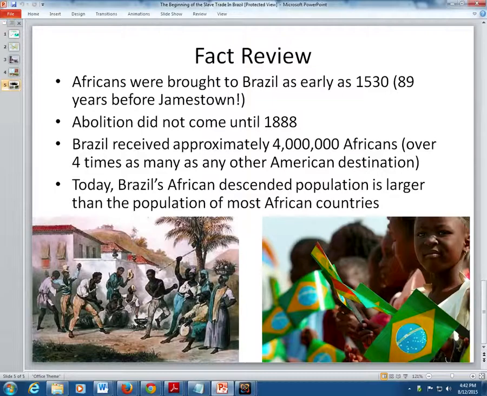So Brazilian culture has been largely shaped by this massive migration of Africans that took place. And in class, I want us to talk about those experiences, and hopefully we can relate those to how slavery has shaped Brazilian culture today by extension.